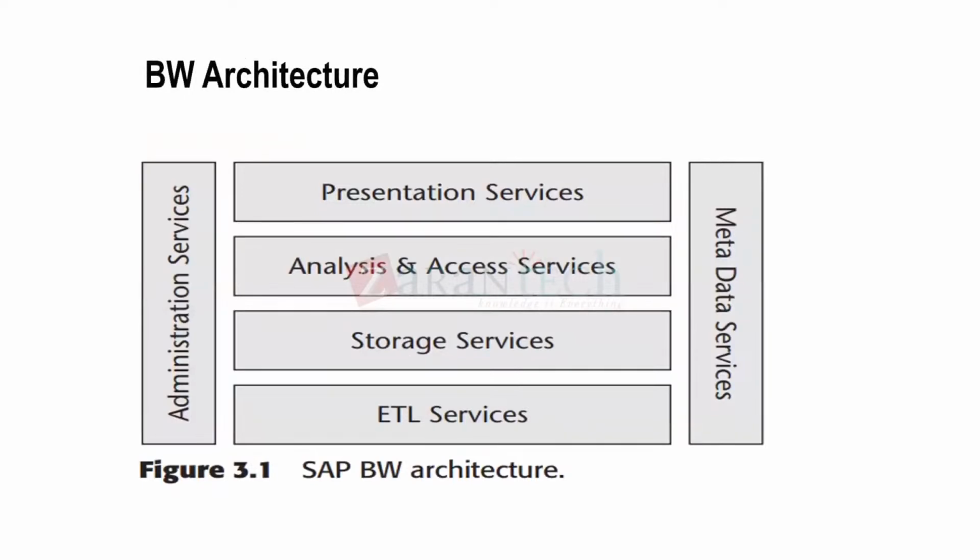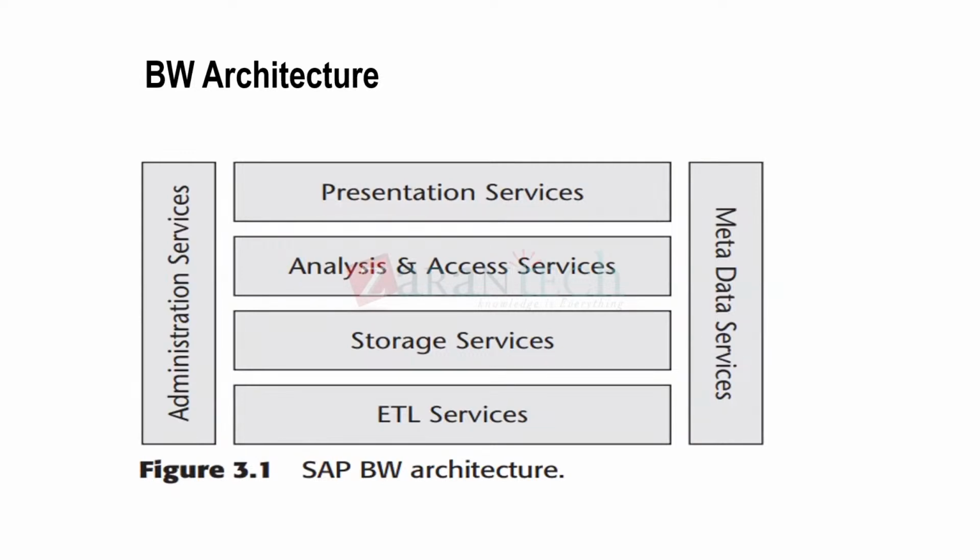Okay. Now, from the architecture perspective, as I said, BW is mainly used for creating reports. The way the data flows into the BW system is that the first layer is the ETL layer, which is extraction, transformation, and load.